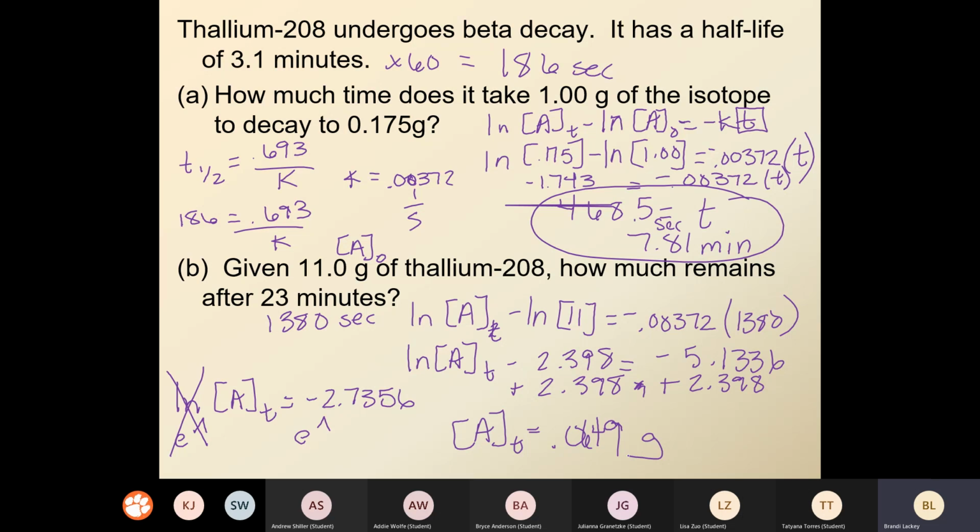So that's how this rate law can be used. It's different than what we did in Chem 1, because in Chem 1 we were always right on the exact half-life, whereas here we may not be exact on the half-life. This may be that in-between time period.